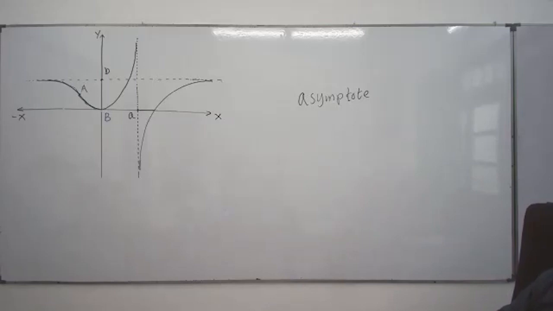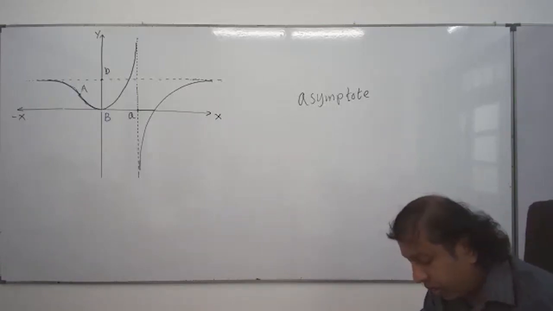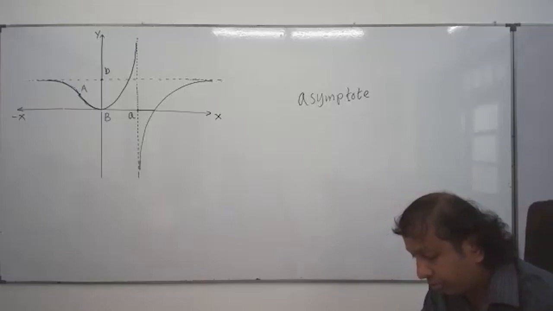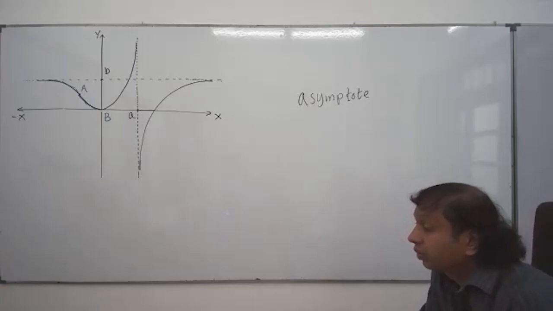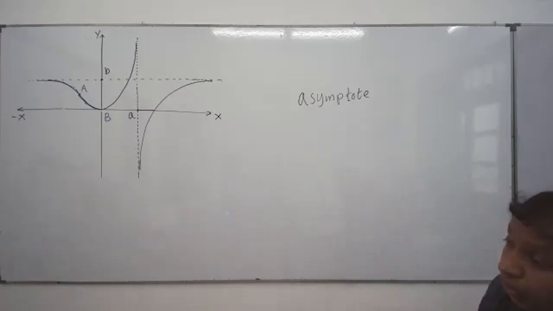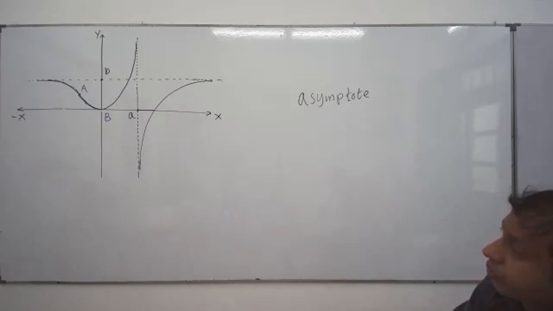Then it is said the graph has a horizontal asymptote at y equals b.